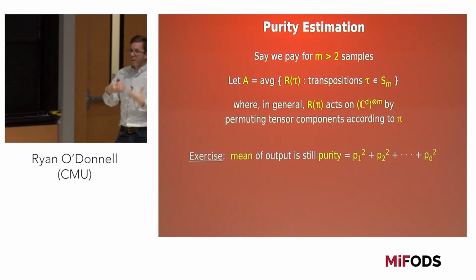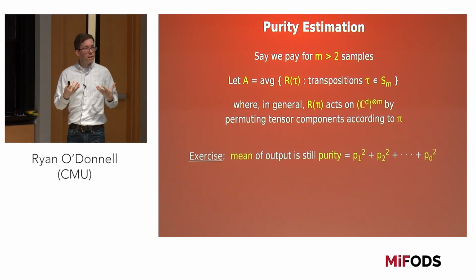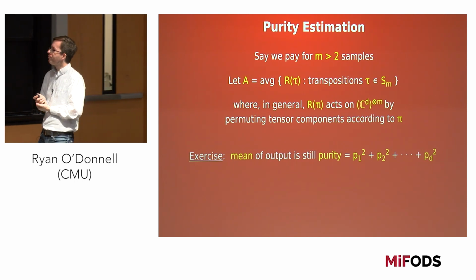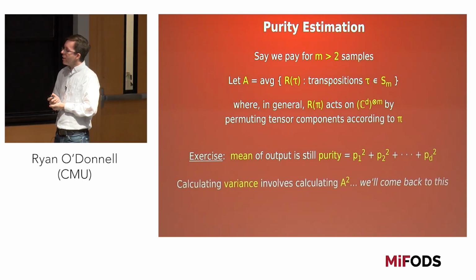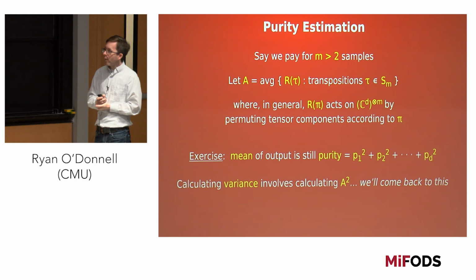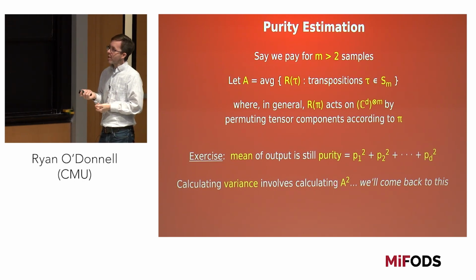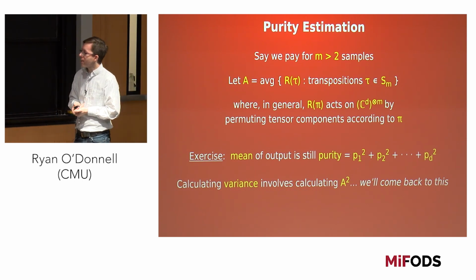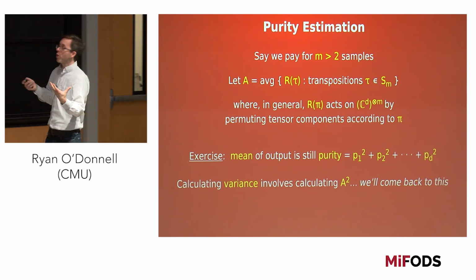And now hopefully the variance is a lot smaller, and we thereby get a better estimate, as we always like. And you can calculate the variance of this. It involves understanding the square of this operator. And the upshot is that this is a quadratically better algorithm.